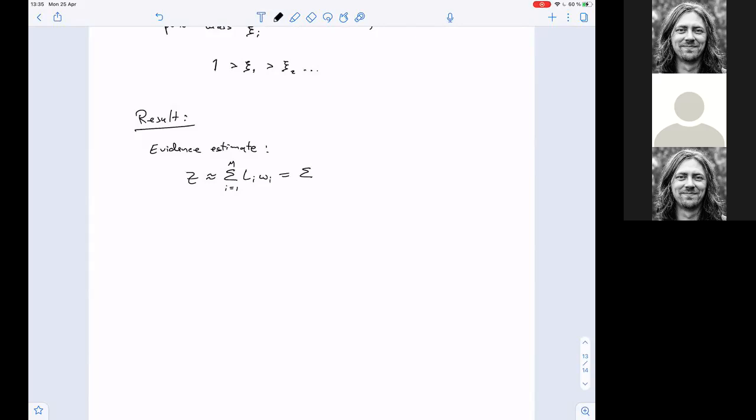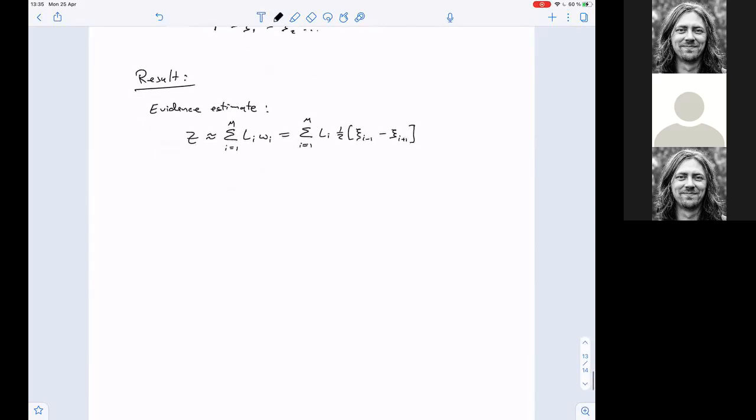It just has to be some volume along the psi axis. So that could, for instance, be L_i times 1/2 (psi_{i-1}, which is the larger value, minus psi_{i+1}, which is a smaller value). So that could be one way of defining those weights, w_i, according to the trapezoidal rule. But you could do whatever in that case. The point is now that you can evaluate these weights. Right? So now you have your evidence estimate.